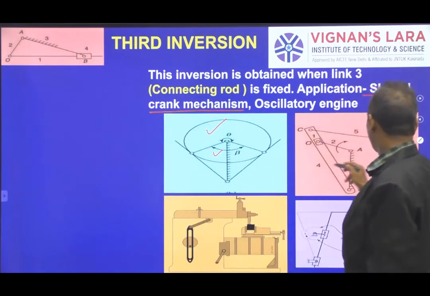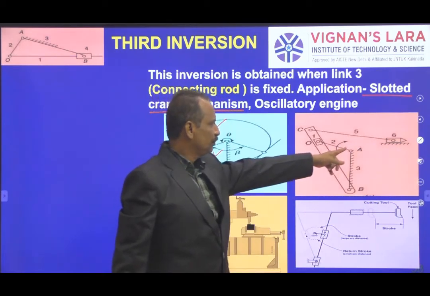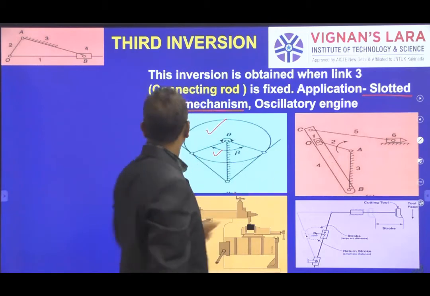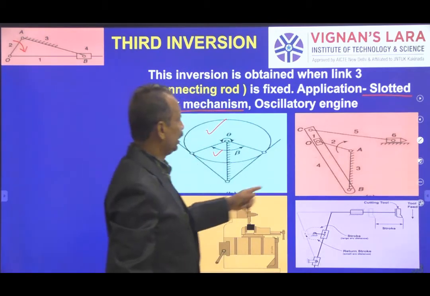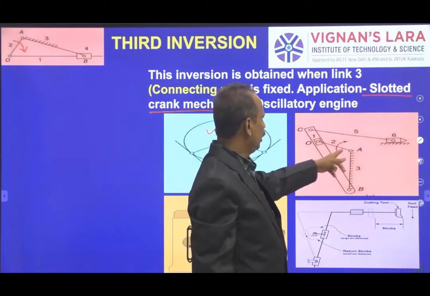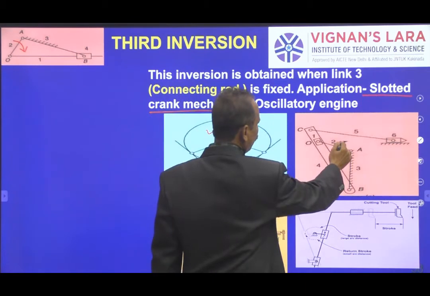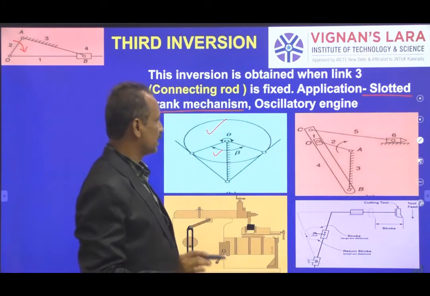So the same thing is shown practically, how it looks. Link 3 is fixed, and now where we give input, say link 2, then we can observe the movement of link 4, and of course here also you will get 6 linkages.